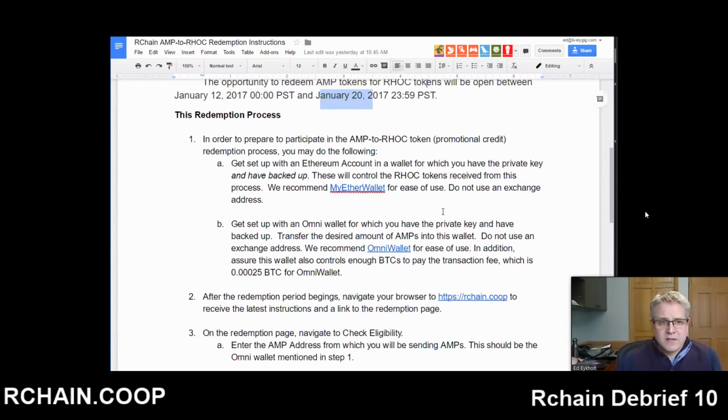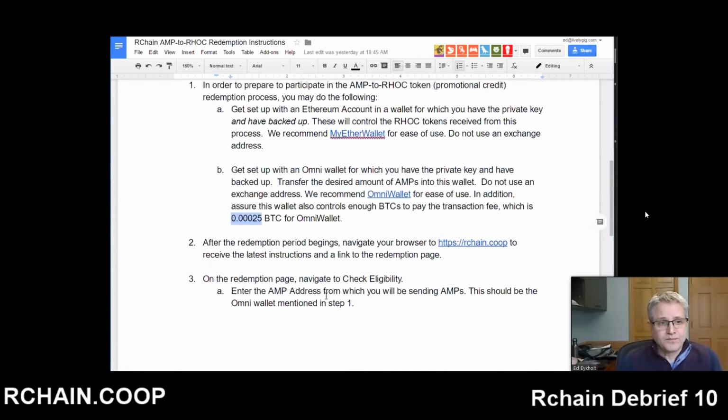The Omni wallet is required because, in case AMPs need to be returned, we want to make sure they get back to you as opposed to an exchange. Also, since Omni transactions require Bitcoin as the fee, you'll need to make sure that Omni wallet has a small amount of Bitcoin in it.